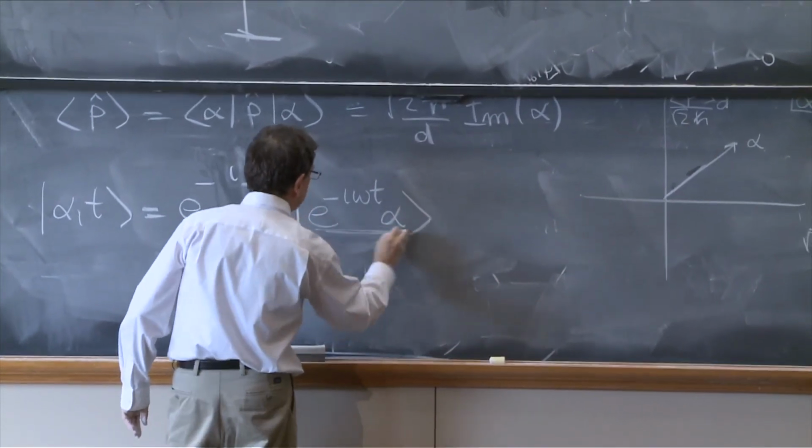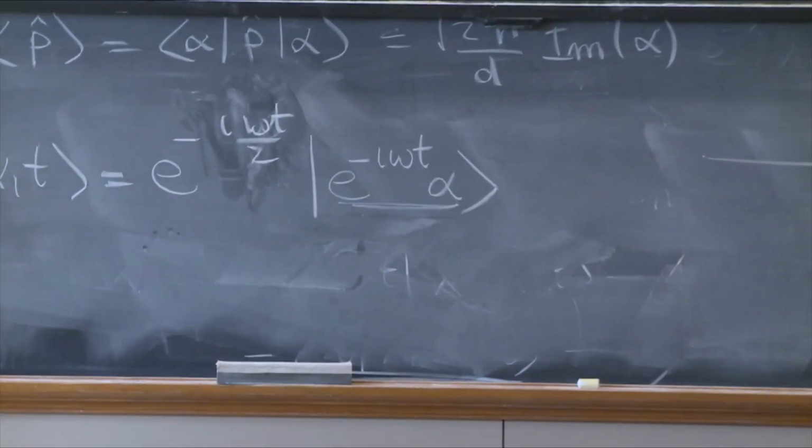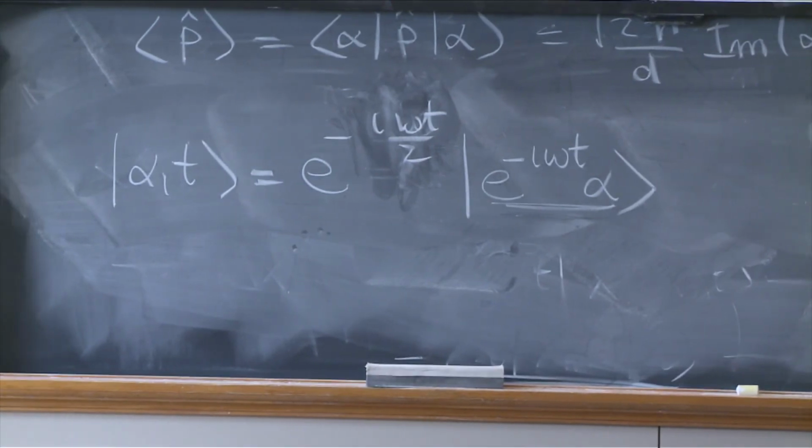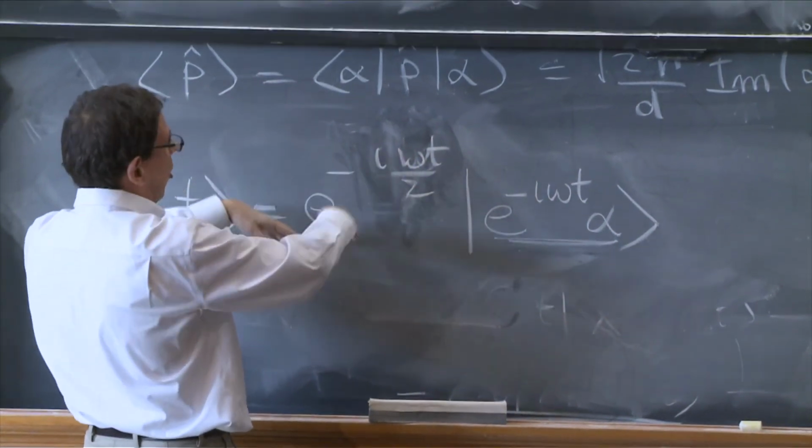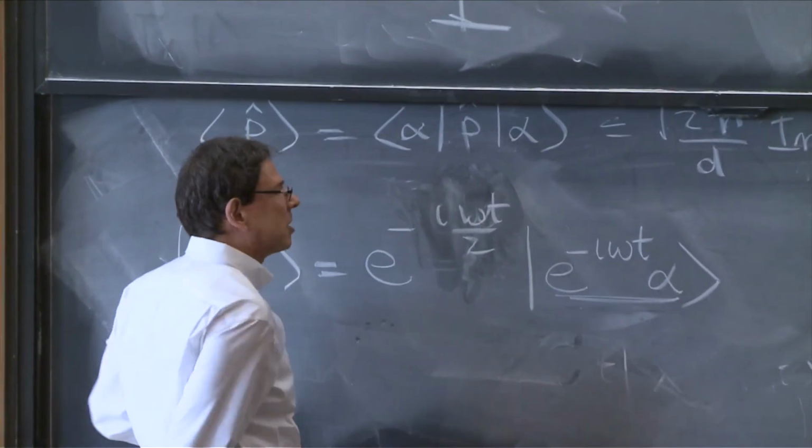That's the new complex number. That's what has happened. The number alpha has become alpha e to the minus i omega t. Now, this is a phase for the whole state, multiplicative, it's irrelevant.